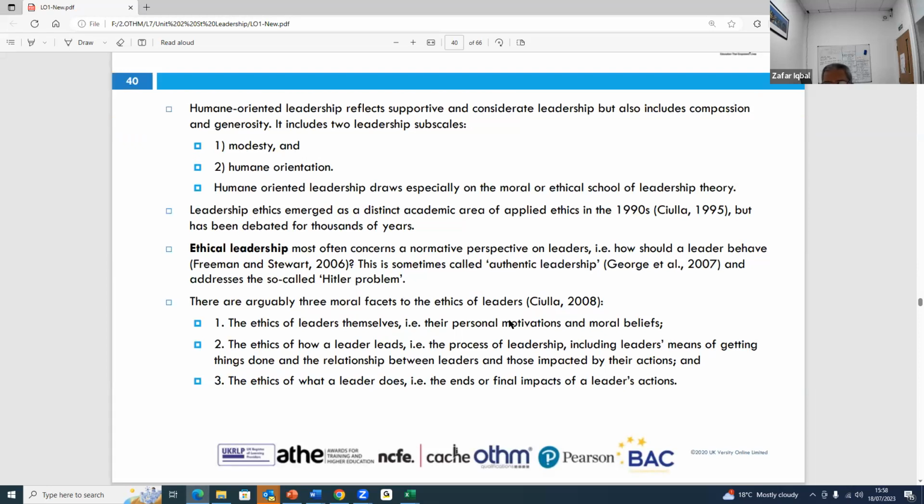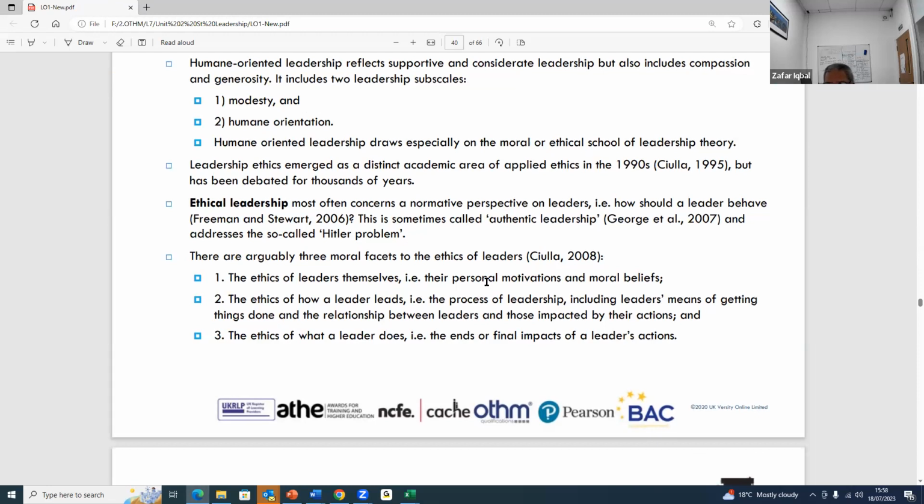So this type of leadership style emerged as a distinct academic area of applied ethics in the 1990s, okay, but has been debated for thousands of years.